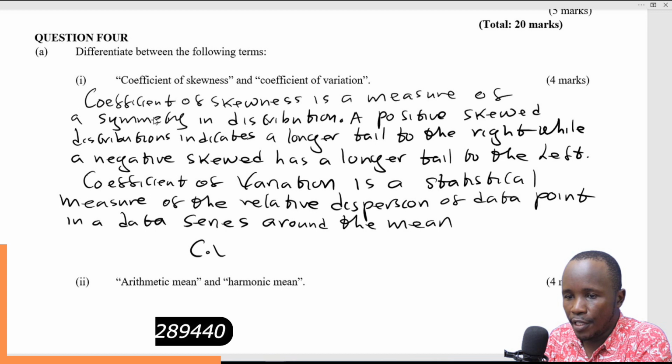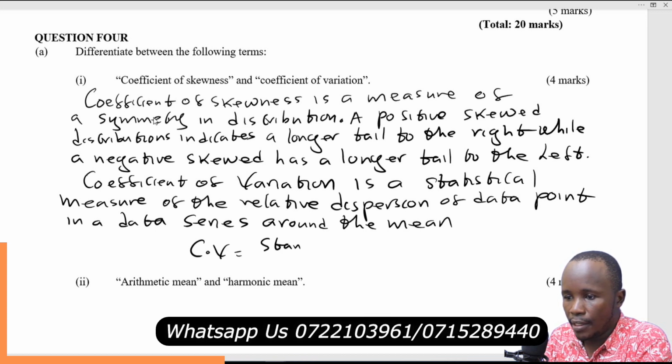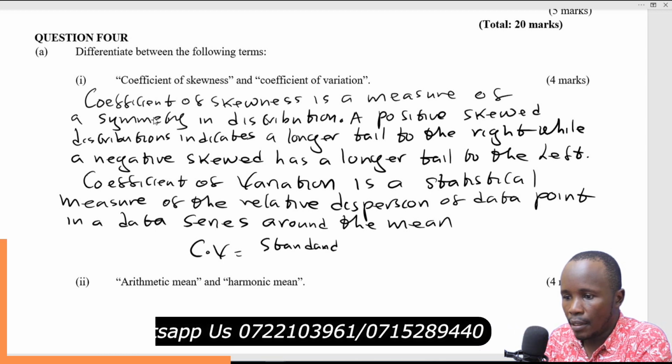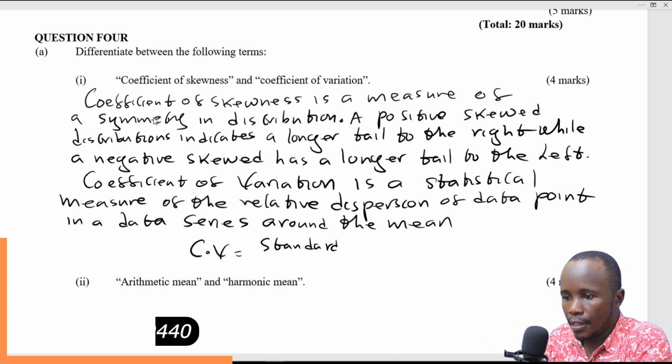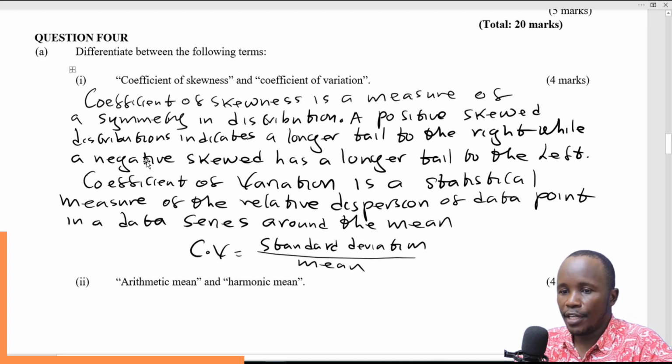Where coefficient of variation is standard deviation divided by the mean. Good. That's how you are supposed to define that and show the difference.